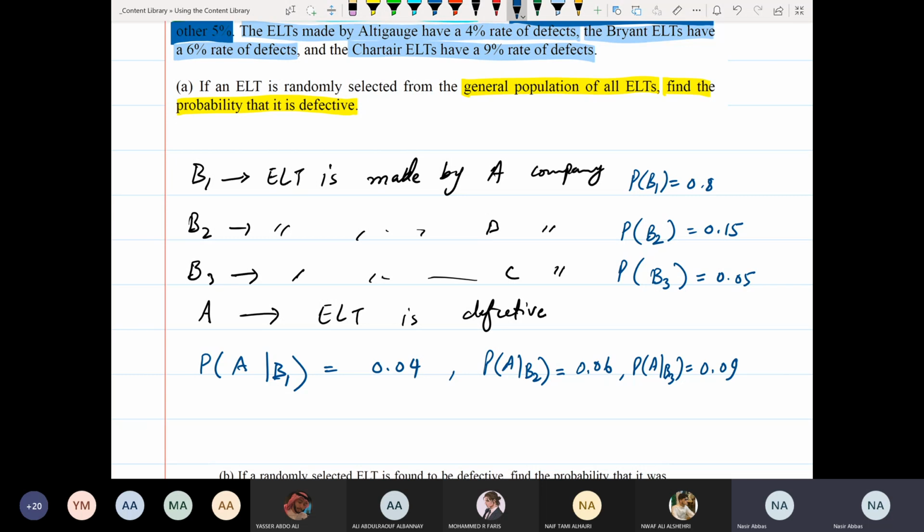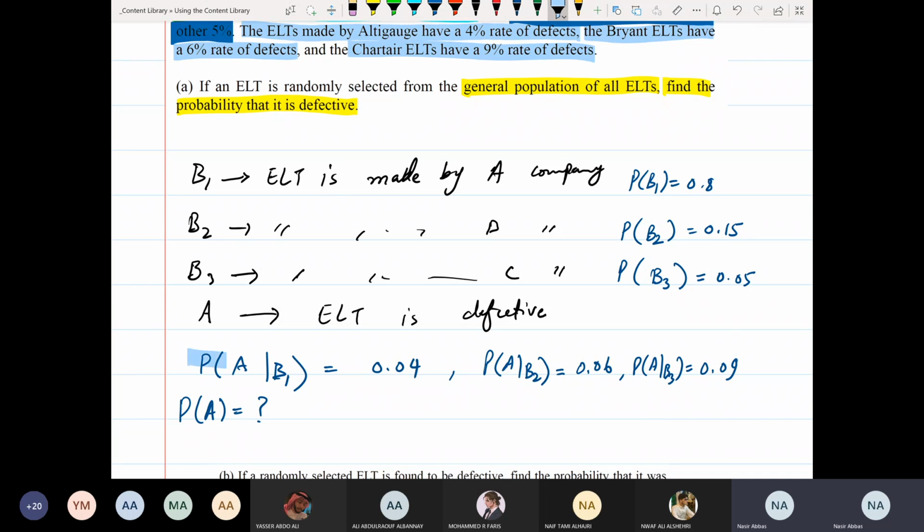Be careful when you are converting them into probabilities. You may write 4% as 0.4. So making this small mistake, you will not be able to reach the right answer. So the defect rate for each company is given, the weight of each company is given, and finally the question is, if there is an ELT selected randomly, find the probability that it is defective. What is required in the yellow color? Probability of A. The total probability of A. This is required.